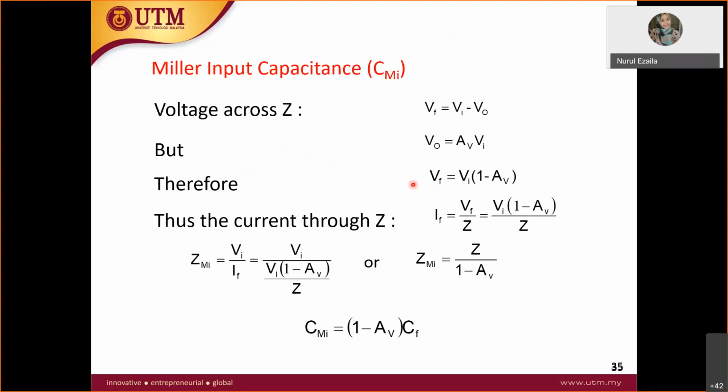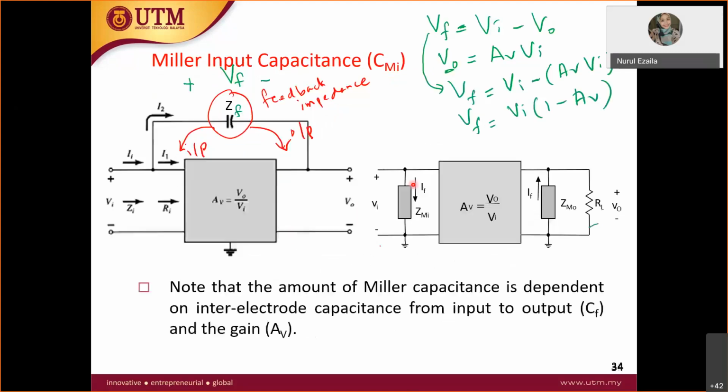Next is the current through Z. For example, you have current over here, and I make this IF. So this is current IF. IF is equal to what? You have VF already and you have ZF.